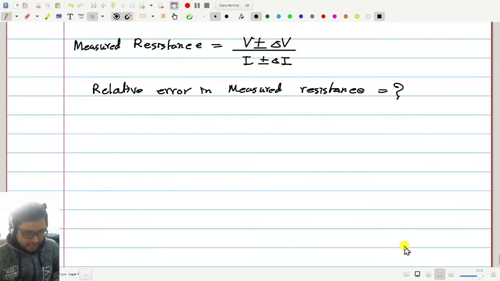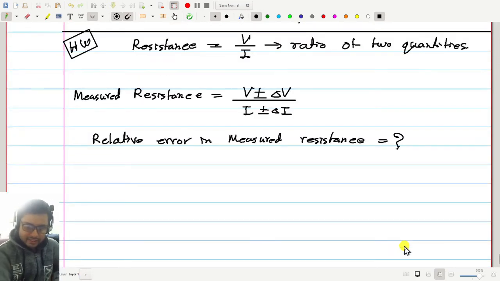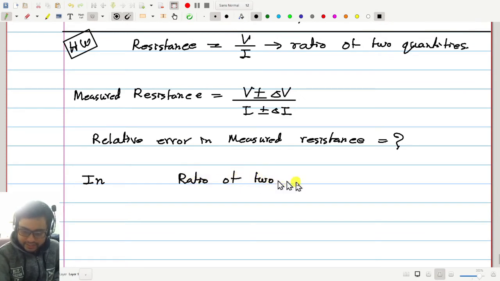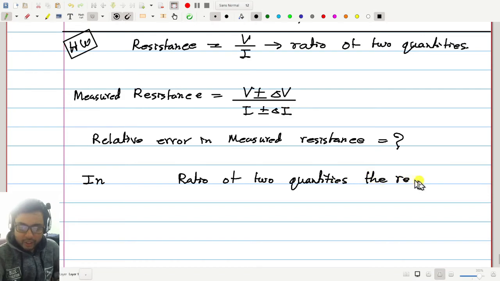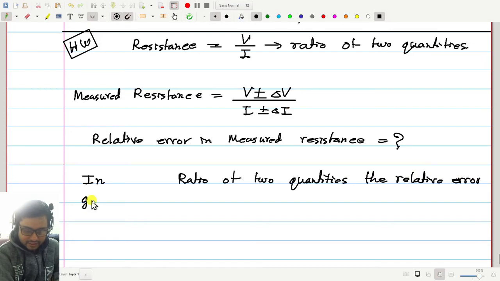Let me tell you the answer. In a ratio of two quantities, the relative error, or per unit error, gets added, just like in the case of product.